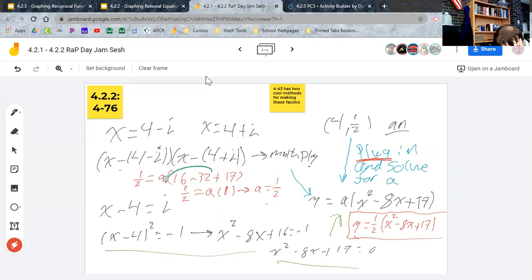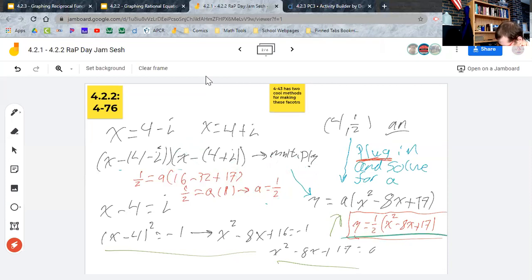Negative 16 plus 17 equals 1. So this whole expression boils down to positive 1, which then gives us a equals 1/2.